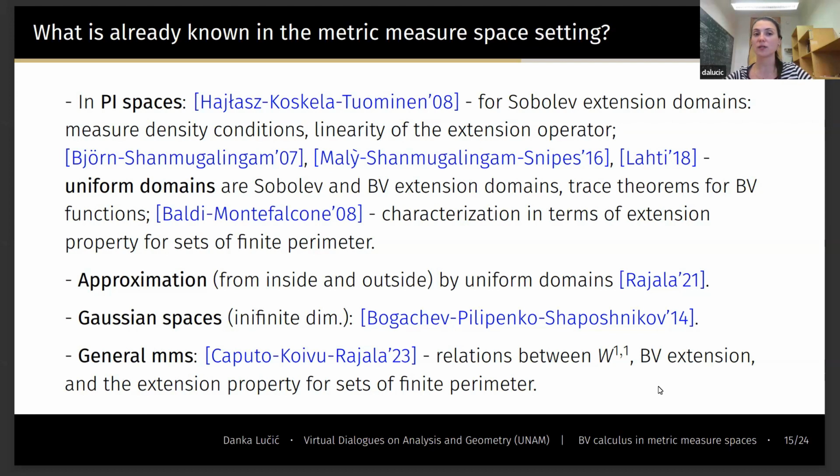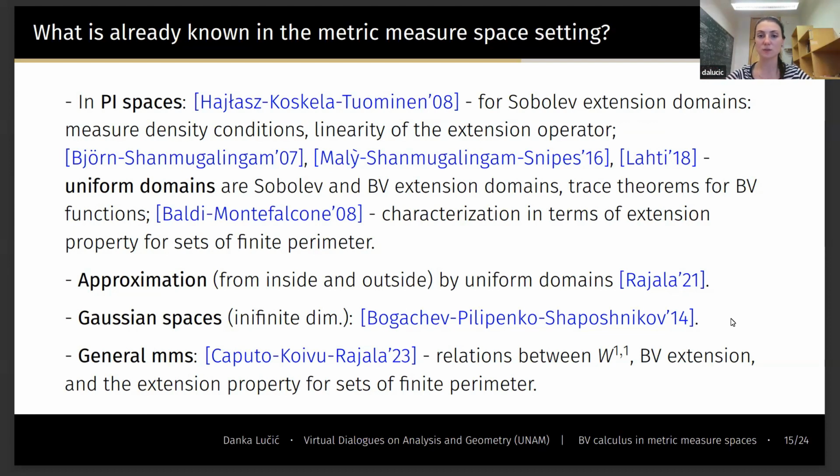Baldi and Montefalcone generalized the result by Burago and Mazya about the characterizations of extension domains in terms of the extension property for sets of finite perimeter. Then by Rajala, we know that in PI spaces, we can approximate every bounded domain by uniform domains, which are by this previous result extension domains.